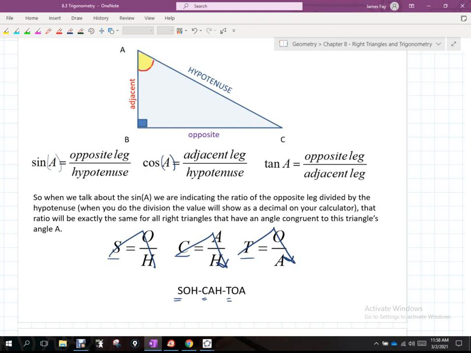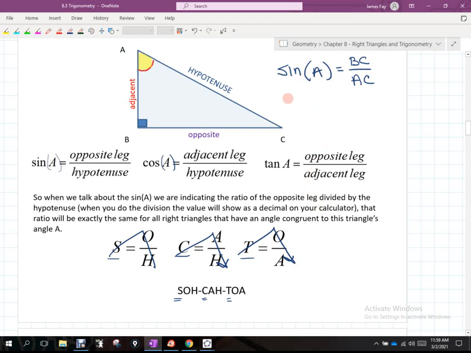Okay. Now, what we need to realize is, when I say the sine of A here, if I look at the opposite side, so it's opposite over hypotenuse, the opposite side here would be BC. Does that make sense? The hypotenuse would be AC.